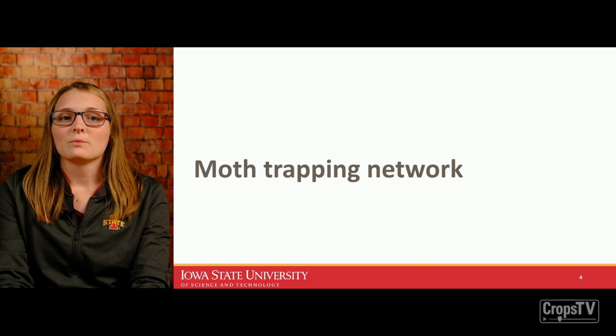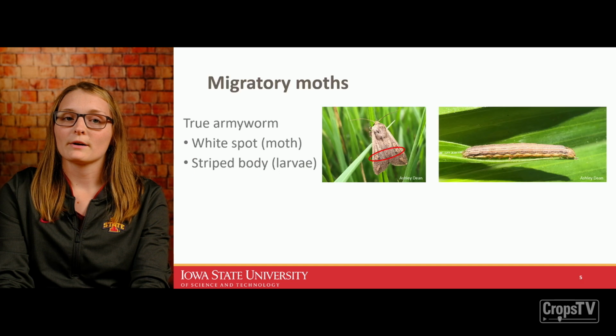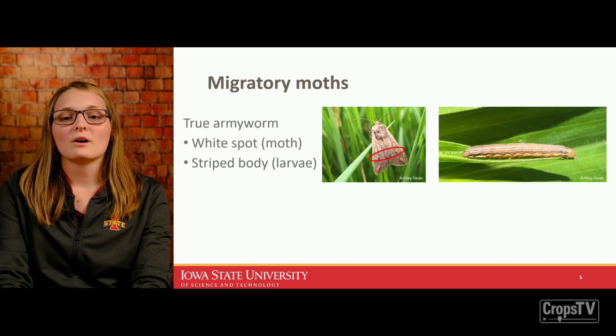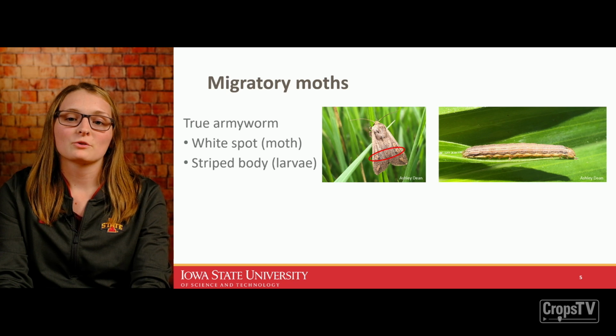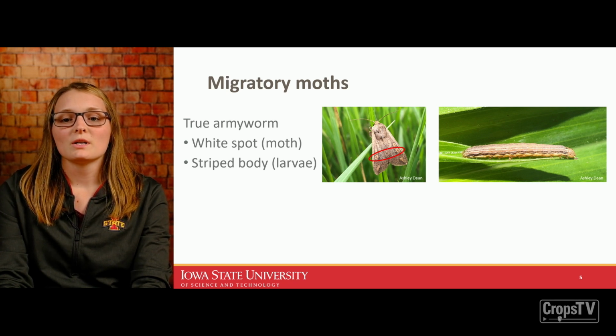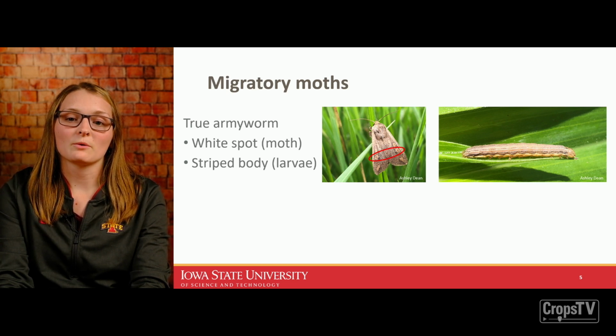First, I'll share some highlights of our moth trapping network. The goal of the Iowa moth trapping network is to monitor two migratory moths as they move into Iowa each year. The first one is the true armyworm, and what we'll be monitoring with the trapping network is the adult, or the moth.